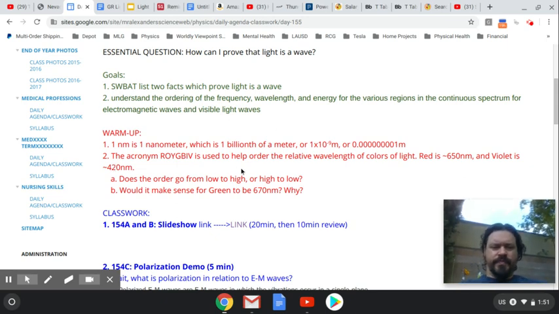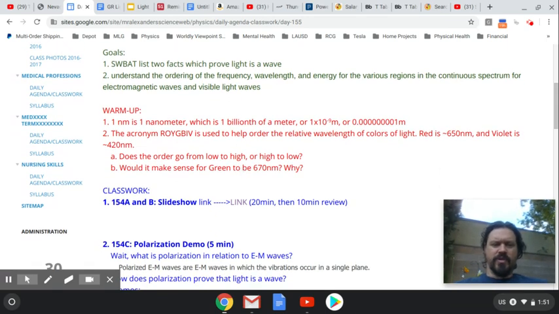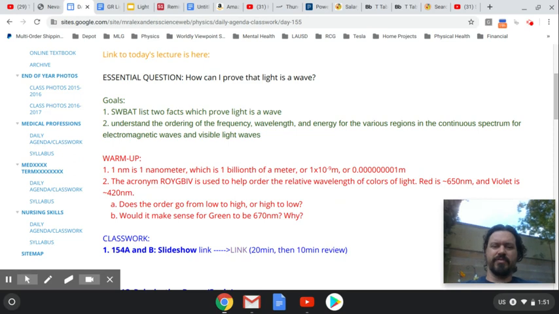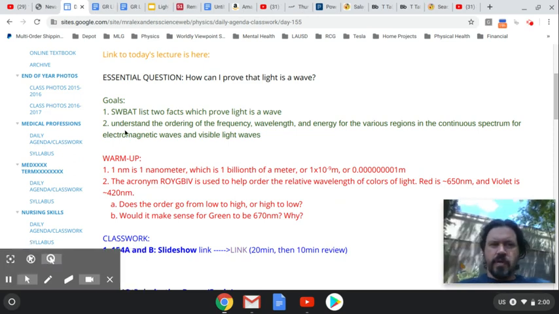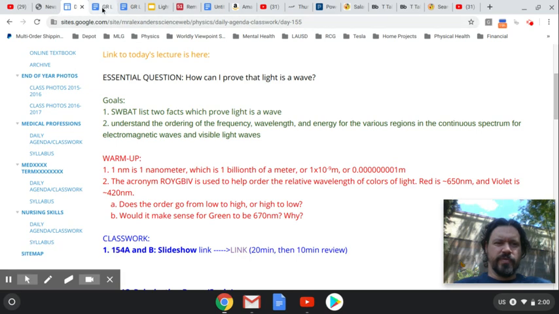Okay, moving on. For today, we're going to go over a little slideshow on electromagnetic waves, and also do a little demo with polarization, and we will take a look at your guided reading from yesterday. So, a quick little review of your guided reading.